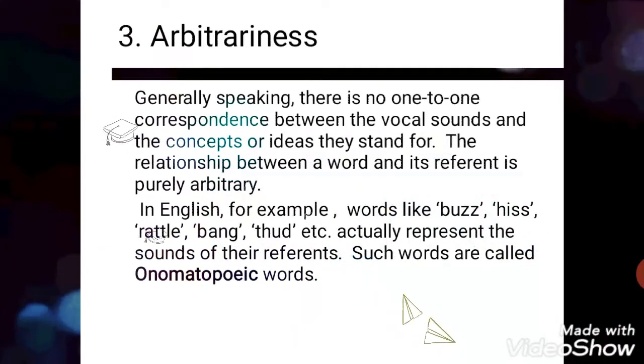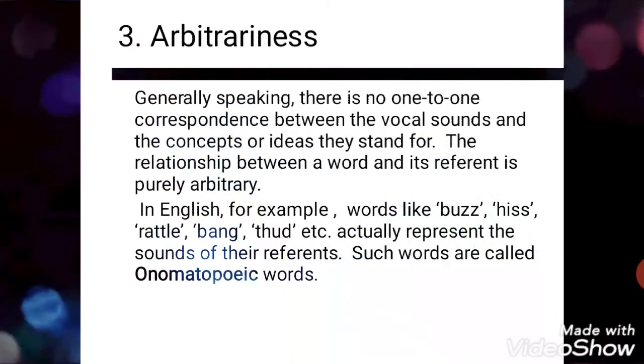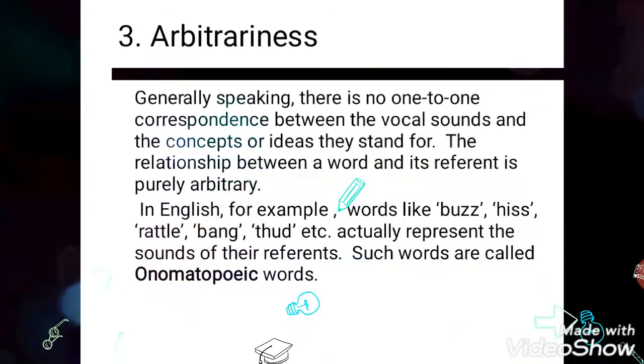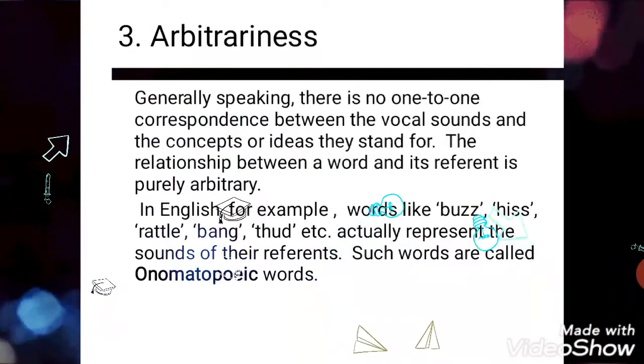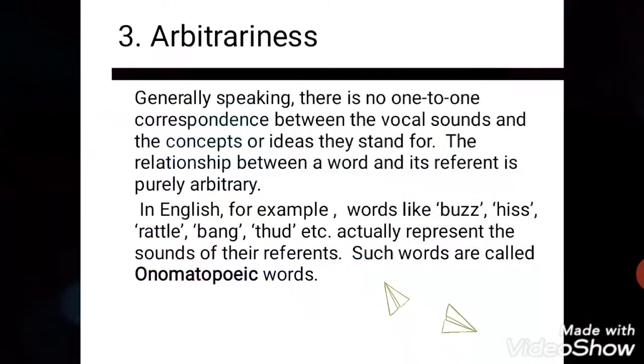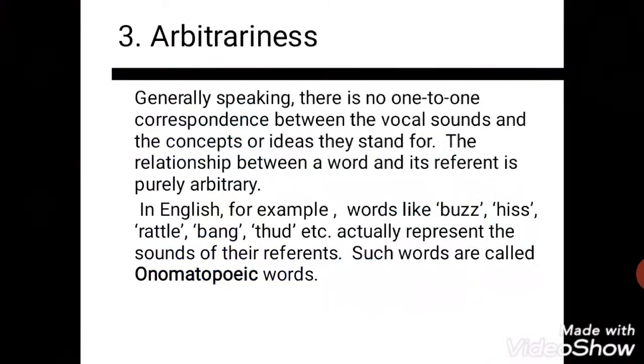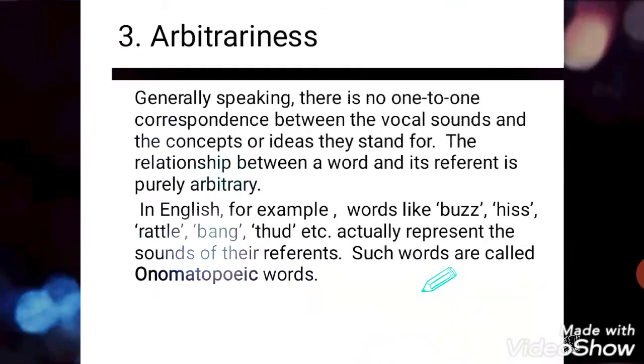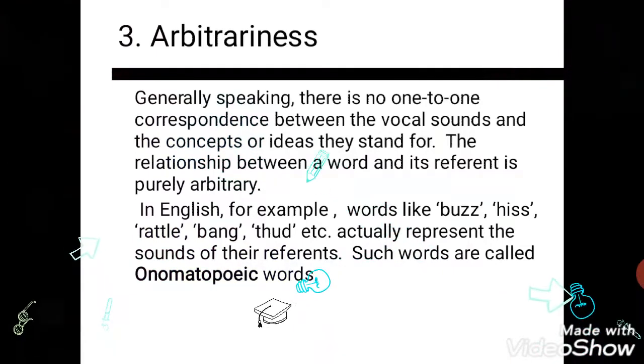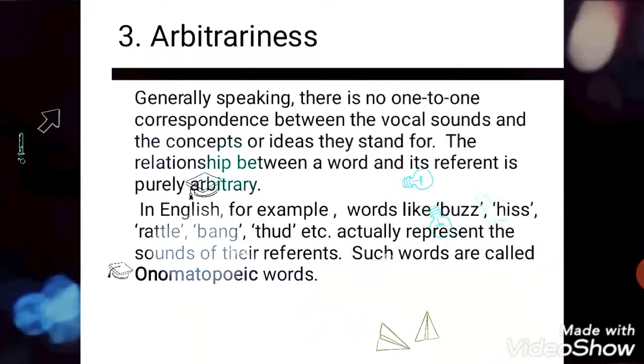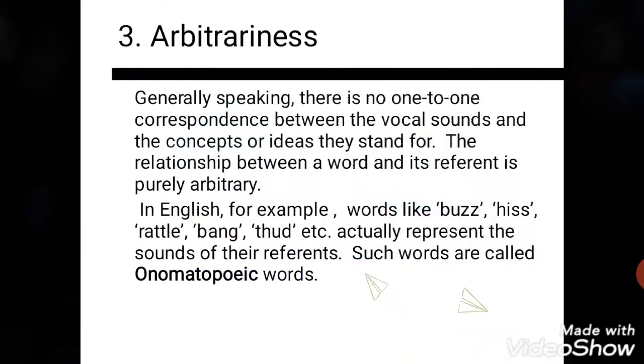The relationship between a word and its referent is purely arbitrary. In other words, there is no positive relationship between a speech sound and the object. There is no positive relationship between signifier and signified. This property of language is referred to as arbitrariness.